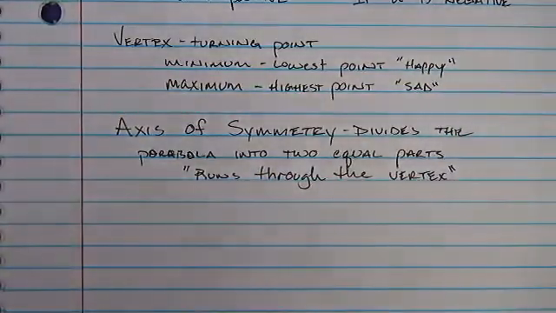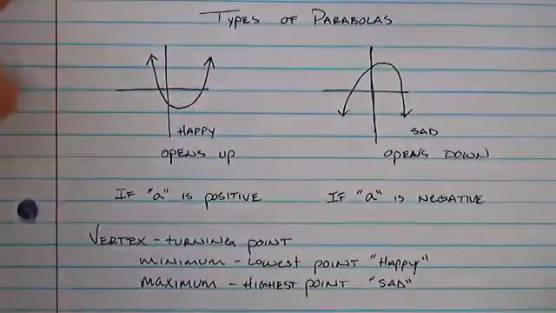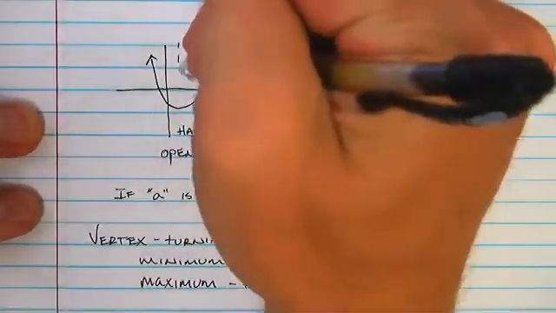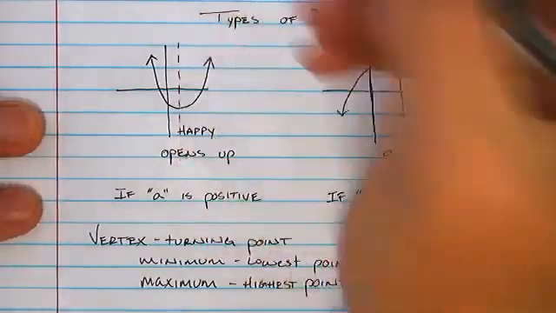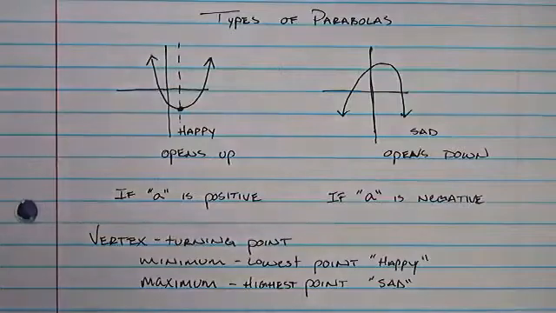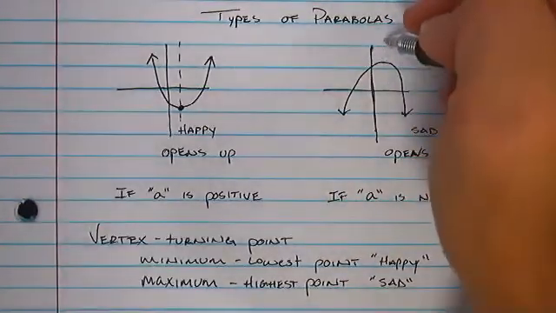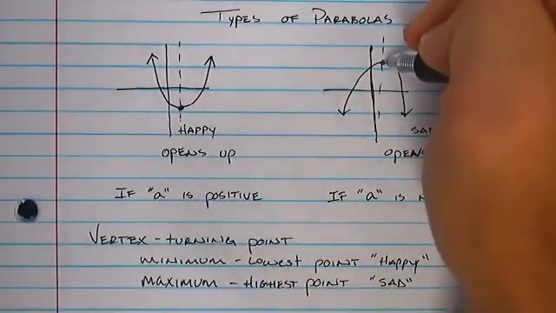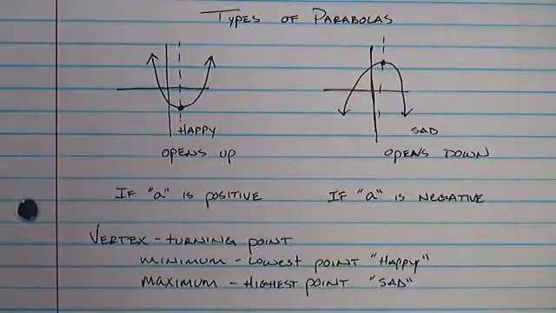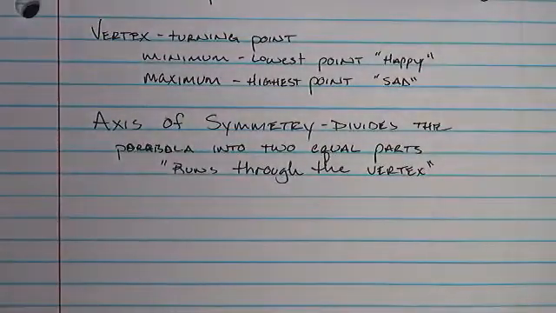The axis of symmetry runs through the vertex, because if I was to cut it in half with an imaginary line, to be directly in half, it's got to hit right at that bottom, at the minimum, whereas this one, it's got to come down and cut this one in half, and it's going to hit at the maximum. So your axis of symmetry will always run through the vertex.